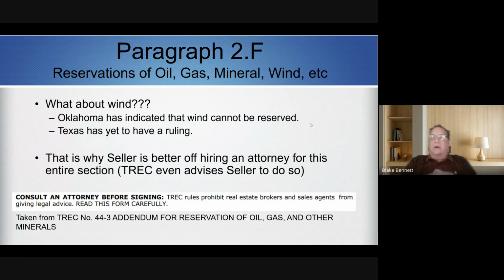Again, you can only retain what you actually do own. You'll have to get some information from a landman or potentially an oil and gas attorney to find out what percentage you own. That can be expensive. That can take some time. I've had people approach me in Northeast Texas saying, I'd like to buy, say, 15 acres right outside of DFW.